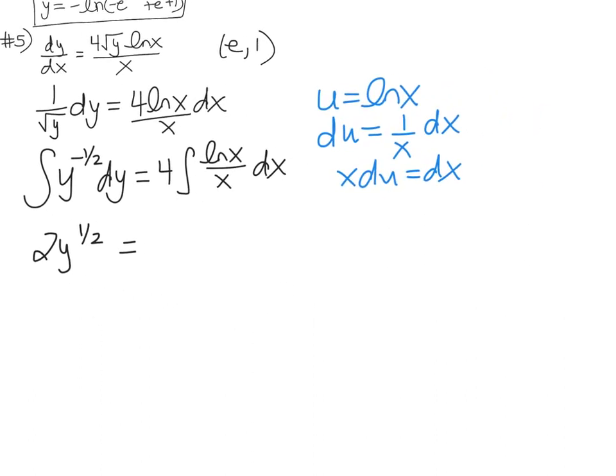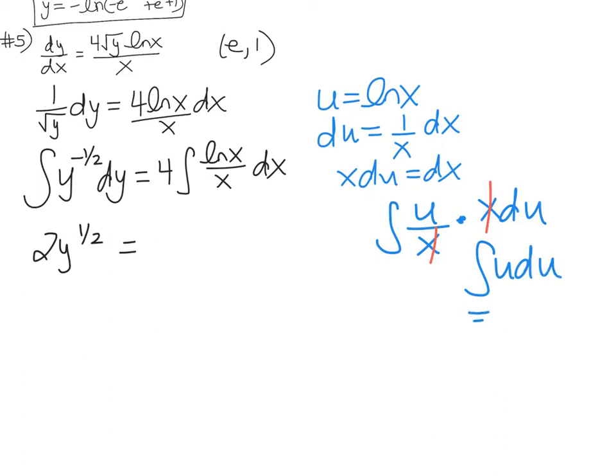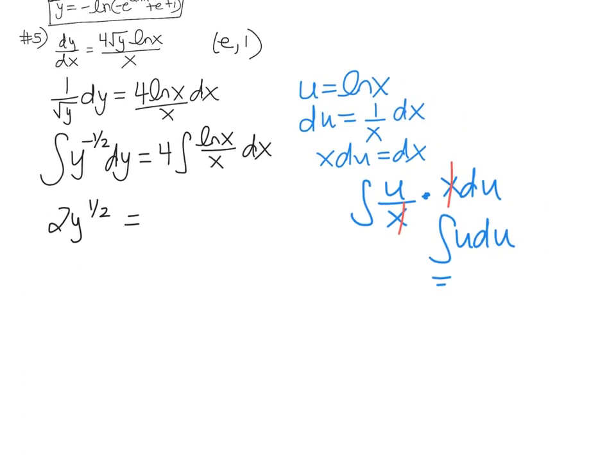Then you have the integral of u over x times x du. And then the x's will reduce, and that's when you're glad, like, whoo, sweet. So now you have the integral of u du, which is u squared over 2. Then don't forget to plug back in the ln x.